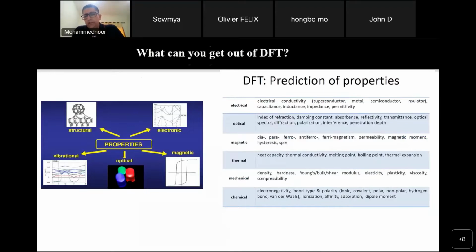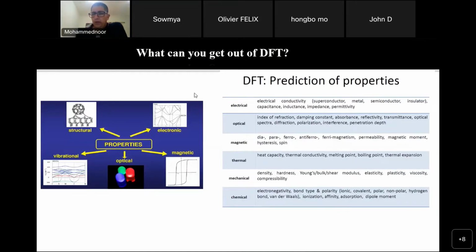So what can we get from DFT, or what can we train the students in the lab to get? Especially in the first two years of COVID, students were not able to go to the lab to do real experiments. But here at my university, we did a virtual lab where students can still measure properties that they can obtain in the lab.